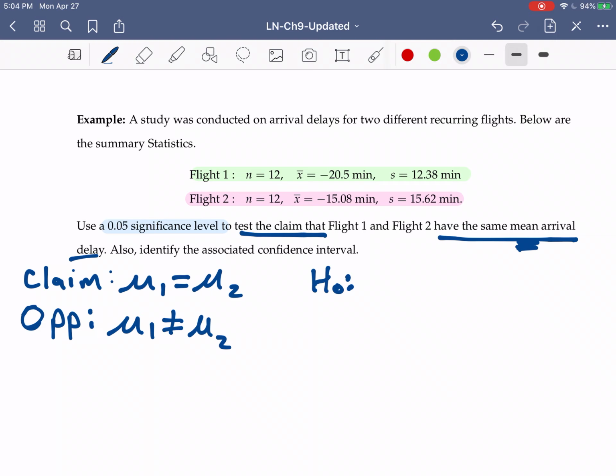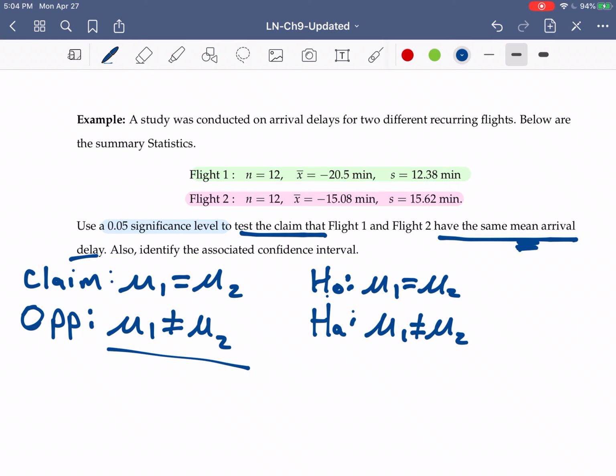I just care that they're not the same. Then our null hypothesis and alternative hypothesis. For this particular problem, they match up exactly with the claim and the counterclaim. The null hypothesis does not always show up as the claim or as the counterclaim. The alternative hypothesis is always one of them. It is always the one that does not allow the 2 sides to be equal.